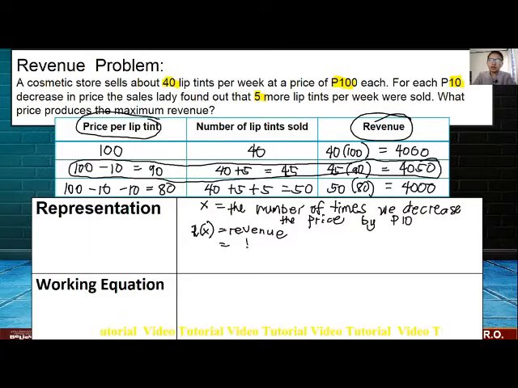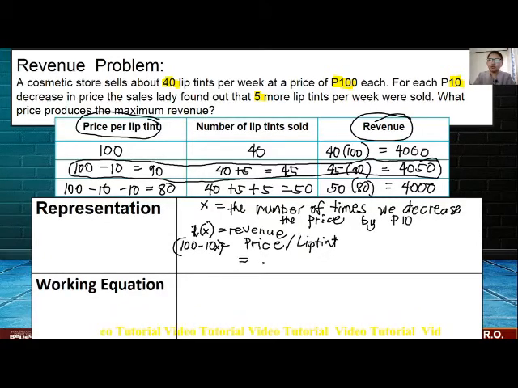So let's represent the price per lip tint. We have to include the number of times we decrease the price by 10 pesos. So that will be 100 minus 10 times the number of times you decrease the price by 10. So that's 100 minus 10x.